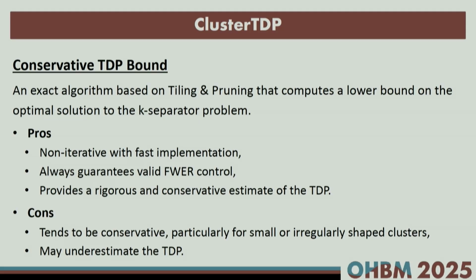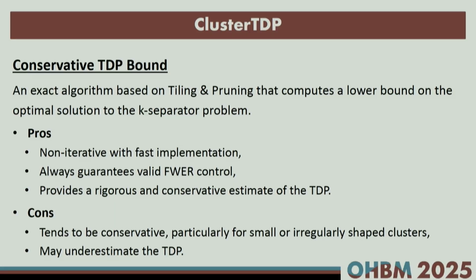The first one is called cluster TDP, and this is based on an exact algorithm using the techniques of tiling and pruning. Using cluster TDP, we approach the optimal solution of this k-separator problem from the lower direction.